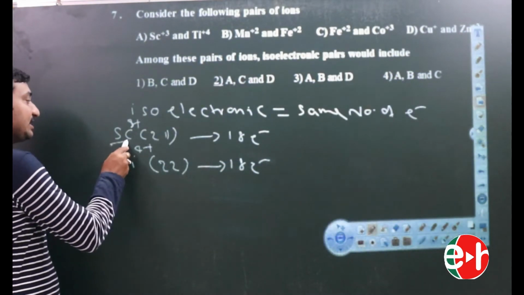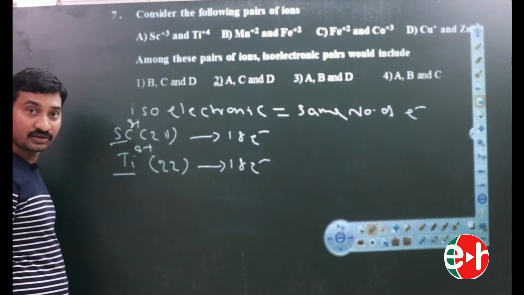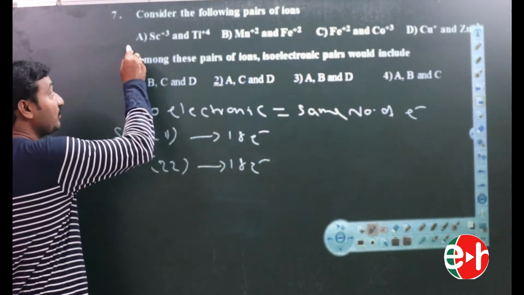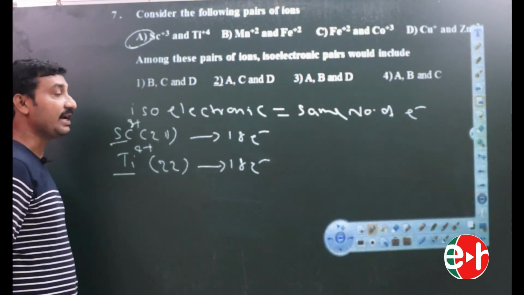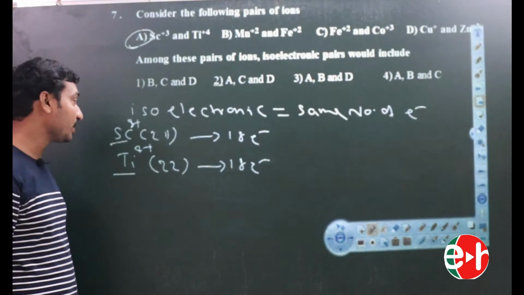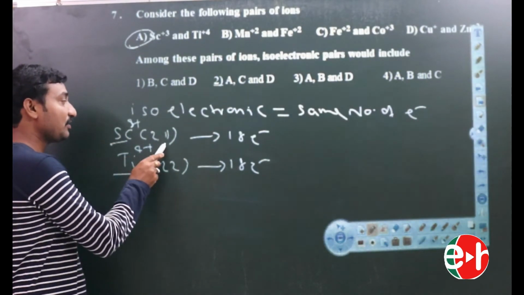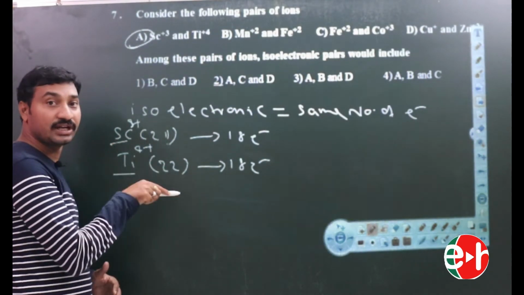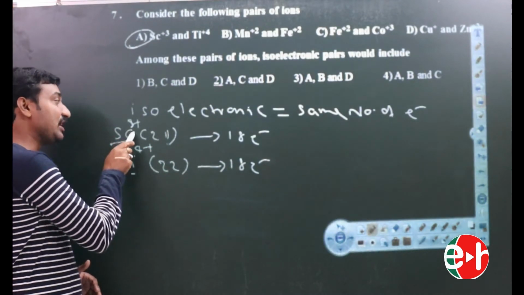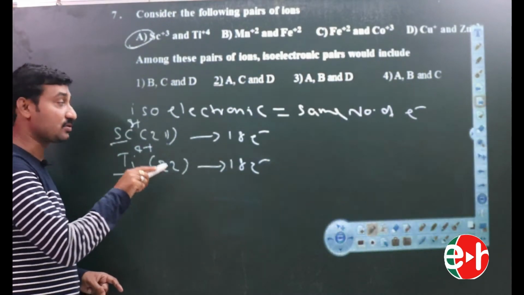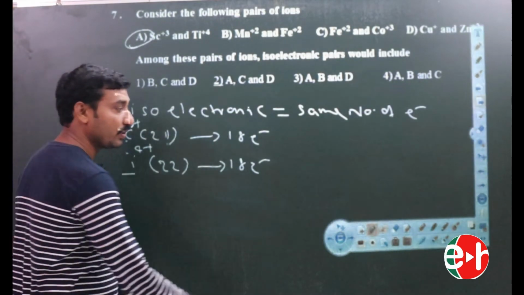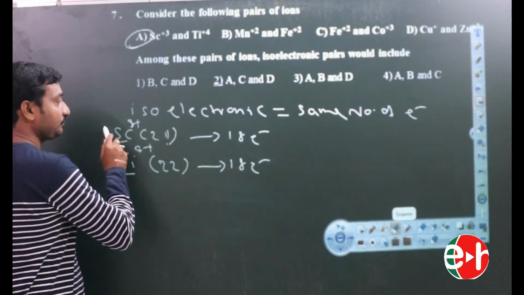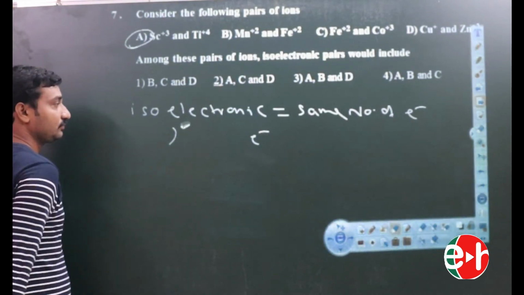So both Sc3 plus and Ti4 plus are isoelectronic. So A is isoelectronic, both have 18 electrons.